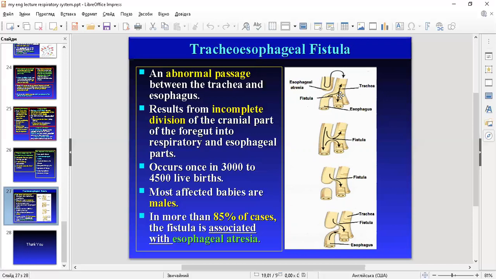In more than 85% of cases, the fistula is associated with esophageal atresia.